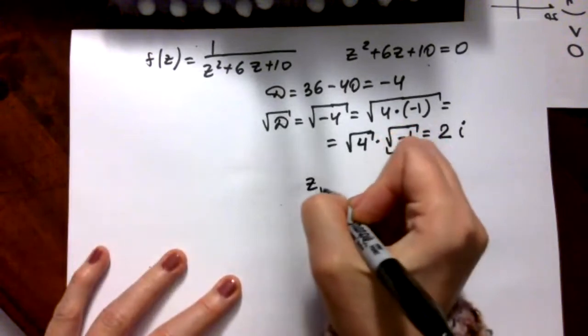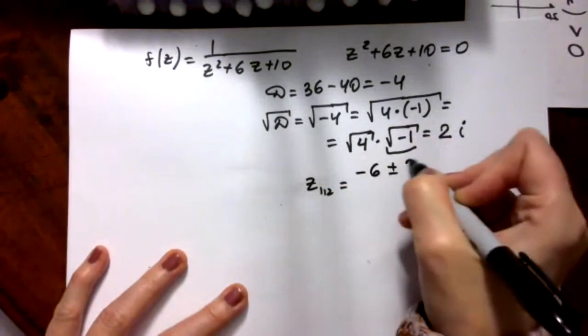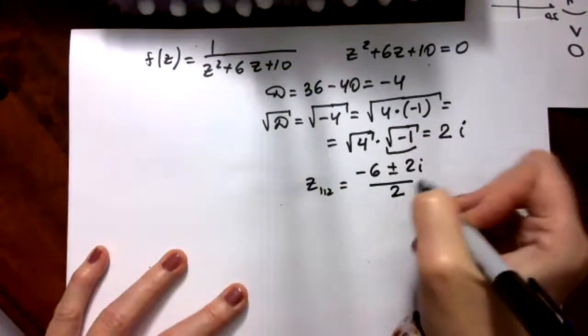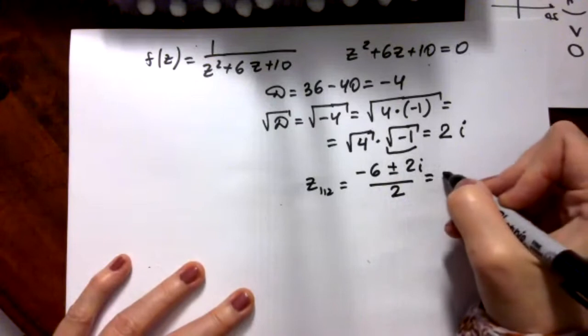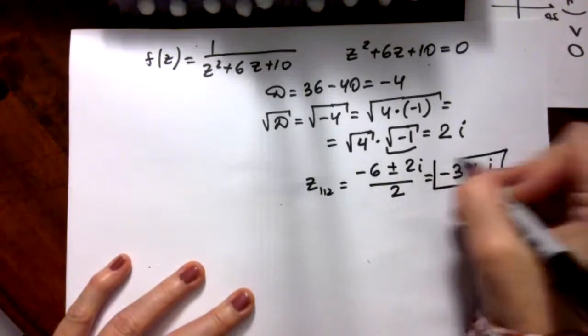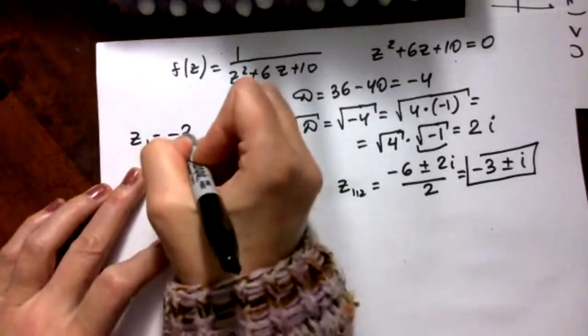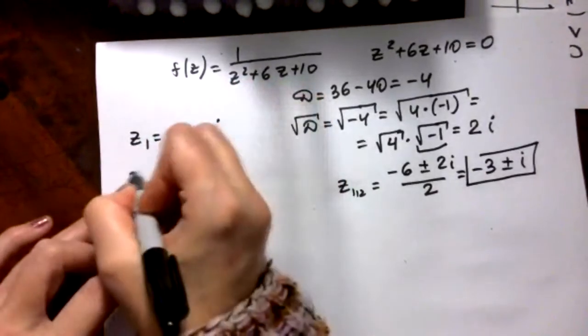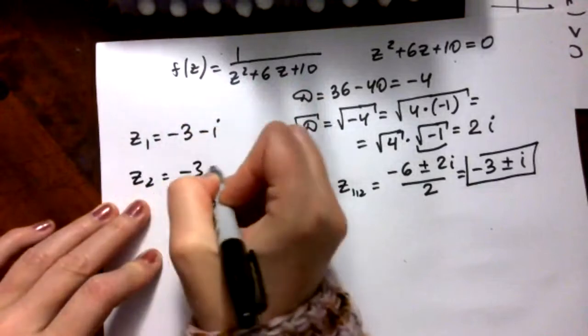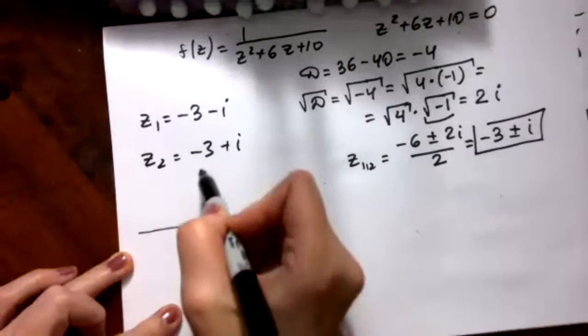So we can pursue with our formula for square roots. It will be minus 6 plus or minus 2i, divided by 2, and it could be divided by 2: minus 3 plus or minus i. So we have two singularity points. Let's write them down: z1 is minus 3 minus i, and the other point, z2, is minus 3 plus i. Let's plot them on the complex plane.